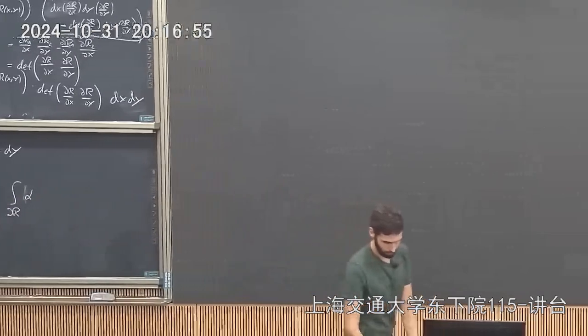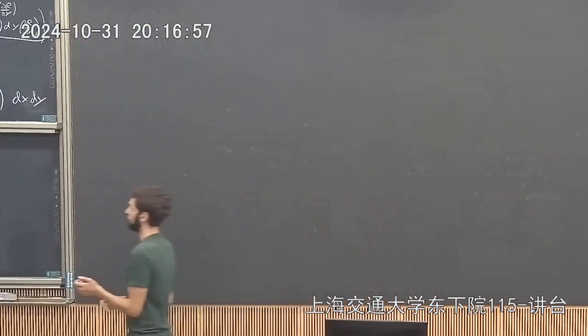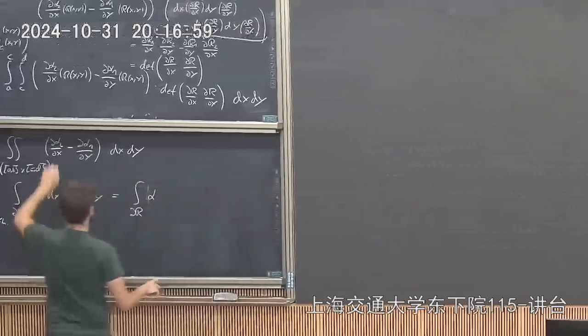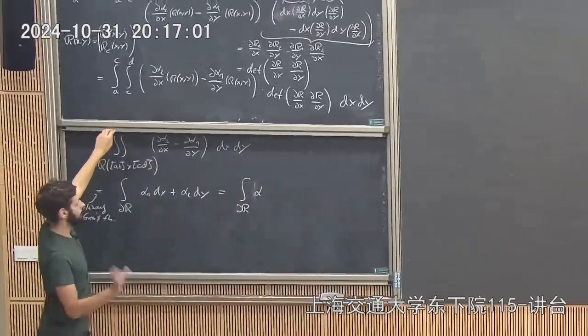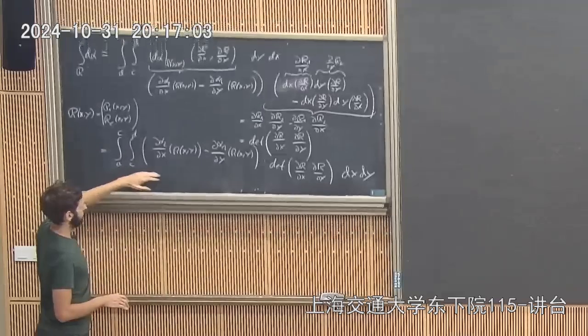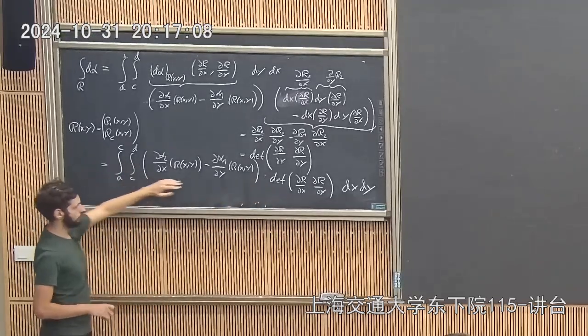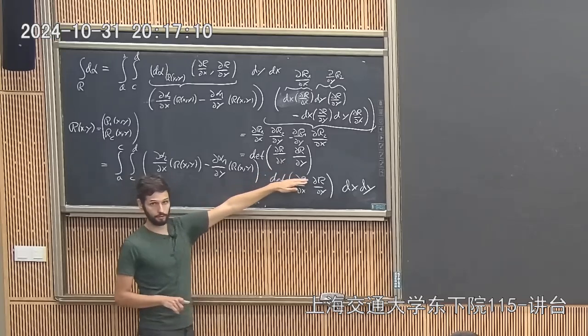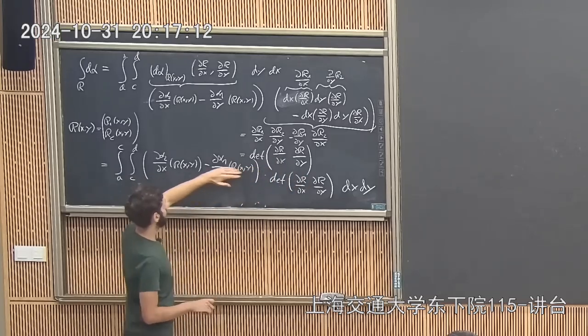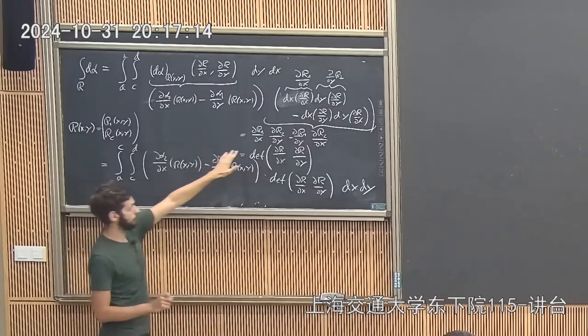So the proof is a bit longer, but what I would like to emphasize here is that we have two elements that come into the proof. The first one is that we have some kind of substitution law, which then involves the Jacobian and the determinant. And the determinant comes in from the play that we have this wedge product, right?